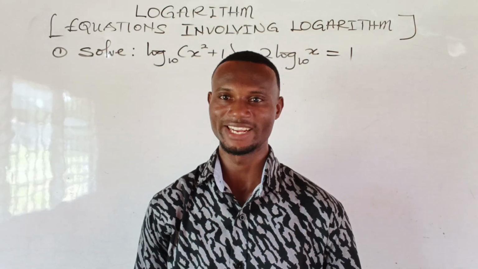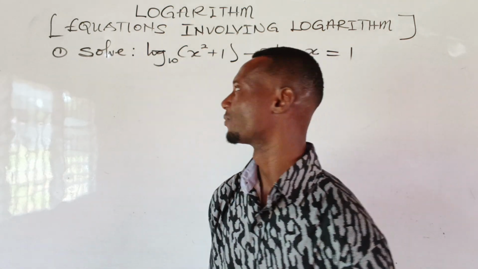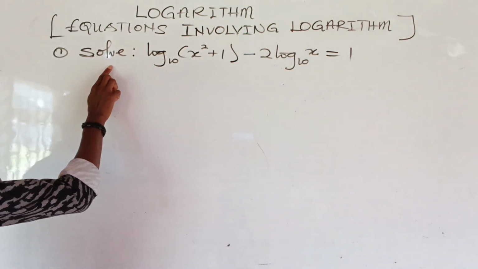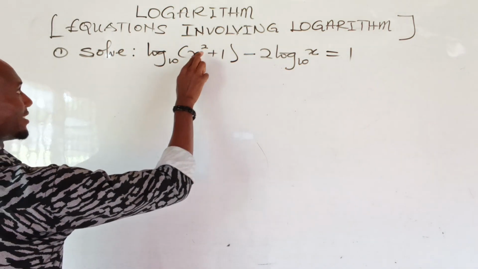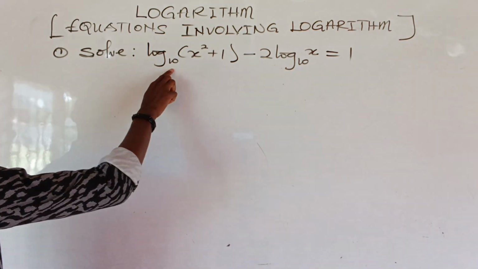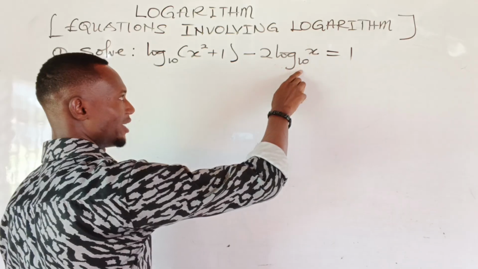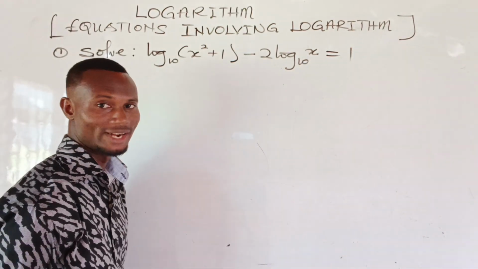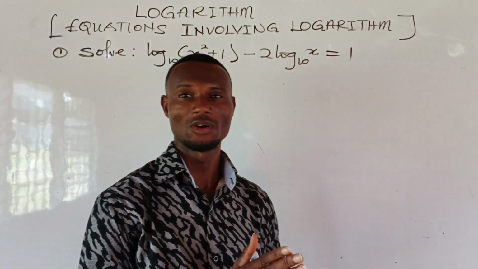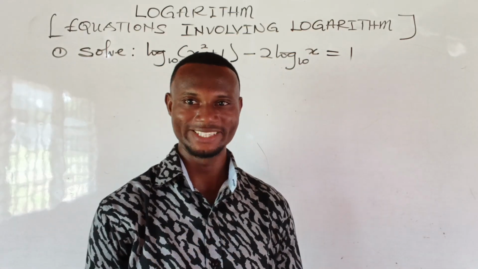So let's take a look at the equation that I have on the board. It says: solve log of (s squared plus 1) to the base 10 minus 2 log s to the base 10 equals 1. So we are going to solve for the value of s.